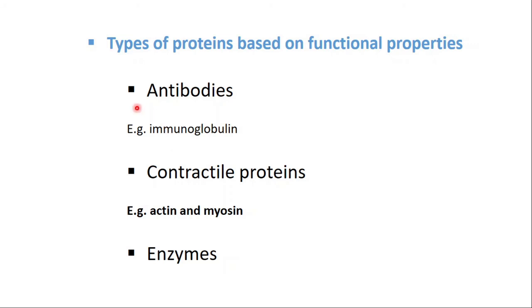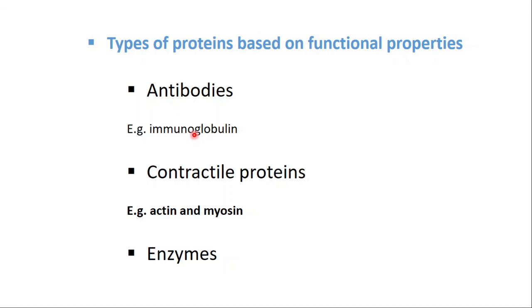Types of proteins based on functional properties is mentioned in the syllabus. Functional properties means what kind of properties they exhibit based on their function, what kind of work they perform in the body.